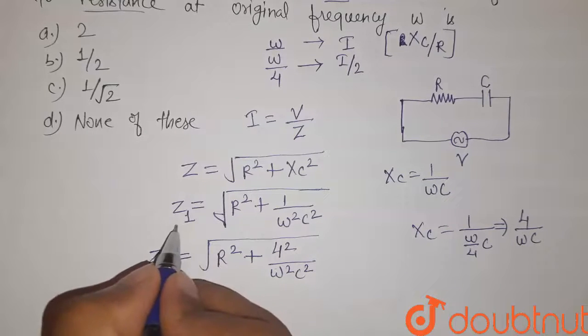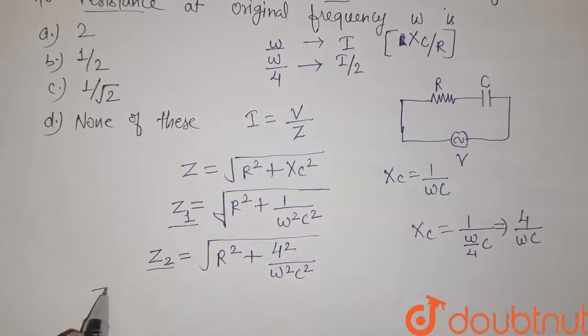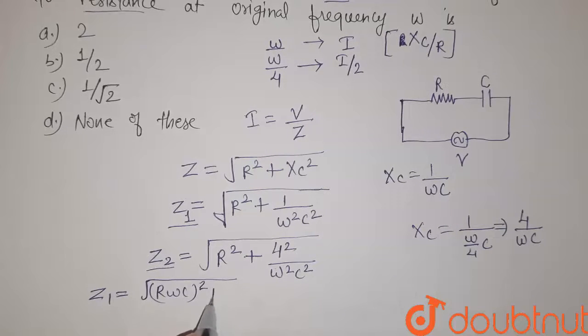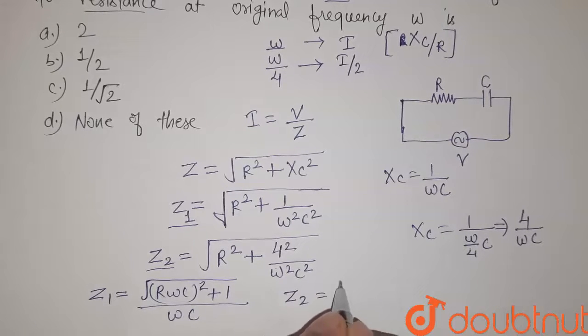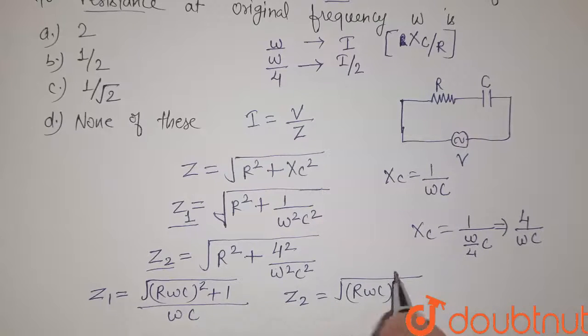Now we can simplify Z1 and Z2. Z1 can be written as the square root of (R omega C) whole square plus 1, all divided by omega C, and Z2 can be written as the square root of (R omega C) whole square plus 16, all divided by omega C.